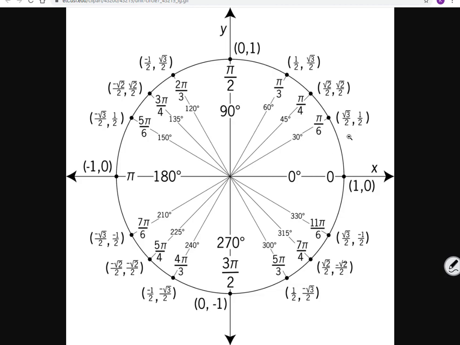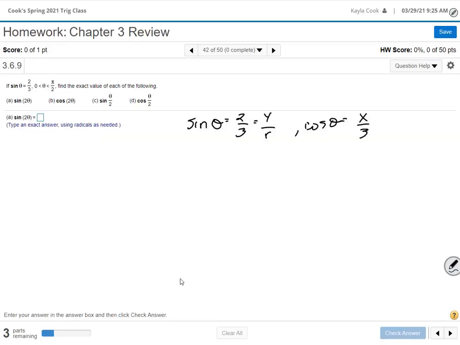But we are in quadrant 1, so we're going to pick the positive value for x.